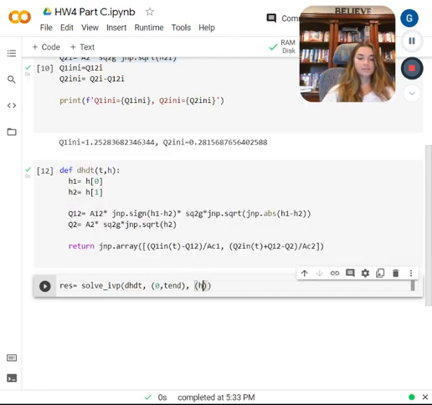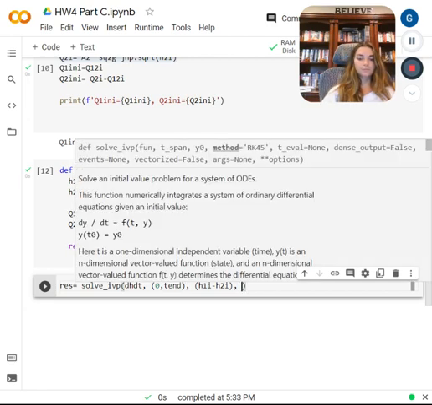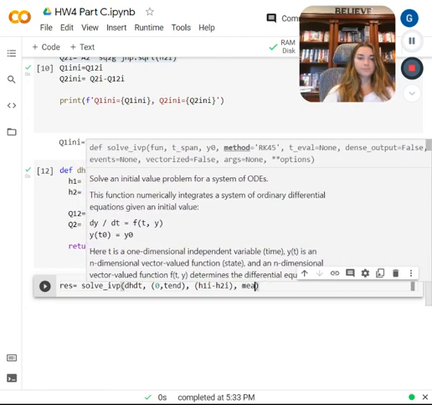We want our initial heights of tank 1 and tank 2, using a Radau method.